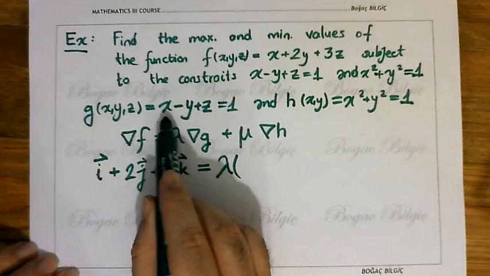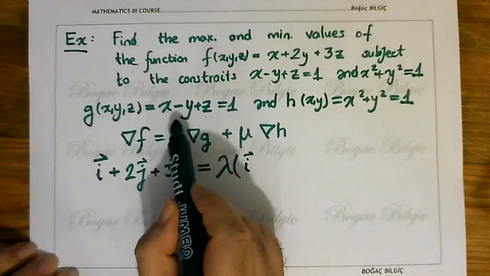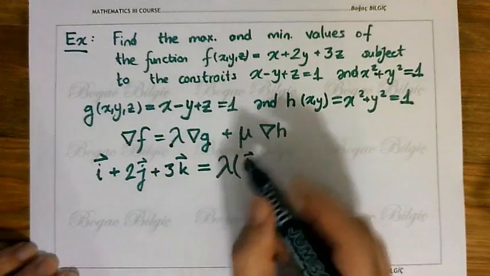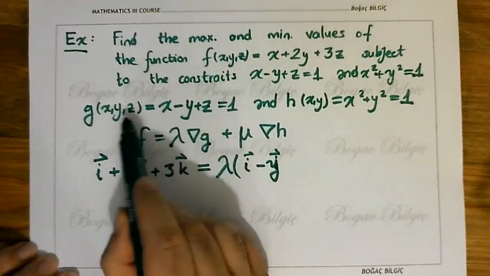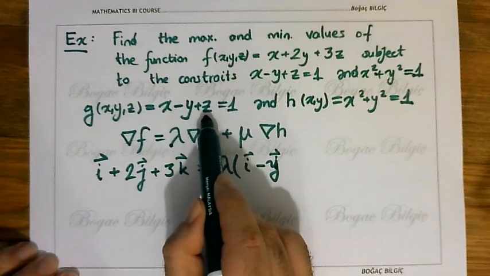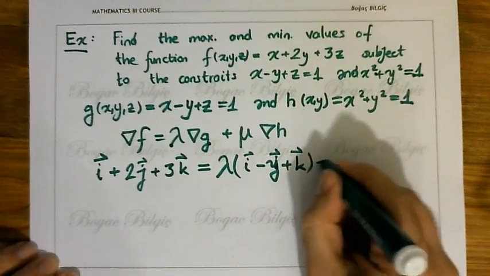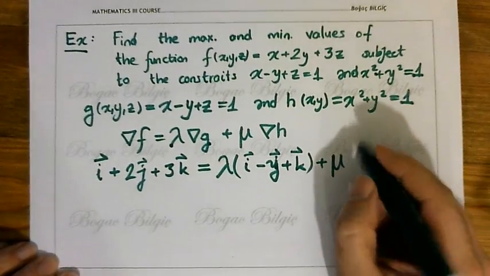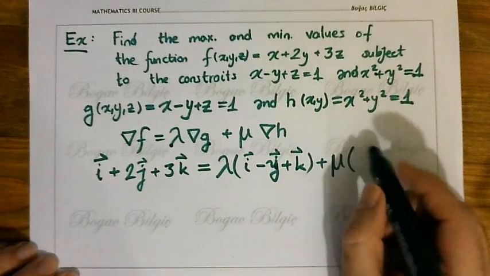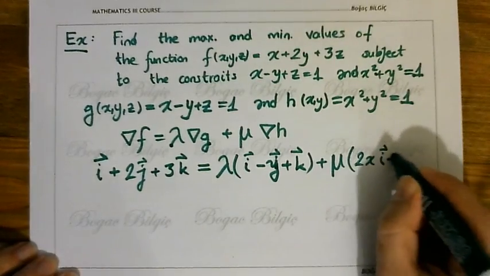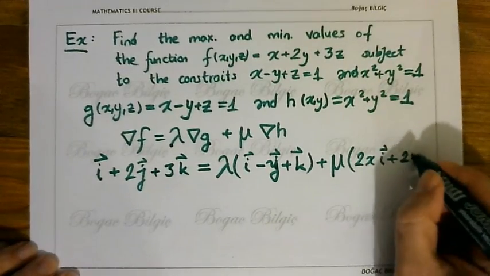grad g: del g del x is 1 i, and del g del y is equal to minus 1 j, and del g del z is equal to 1 k, plus nu grad h: del h del x is 2x i, del h del y is equal to 2y j.